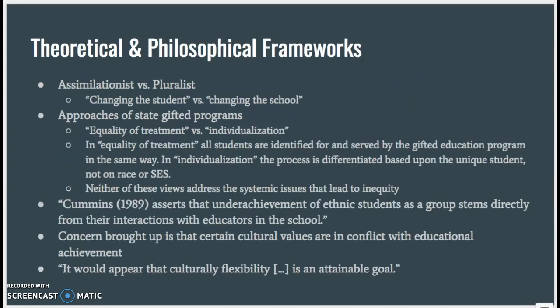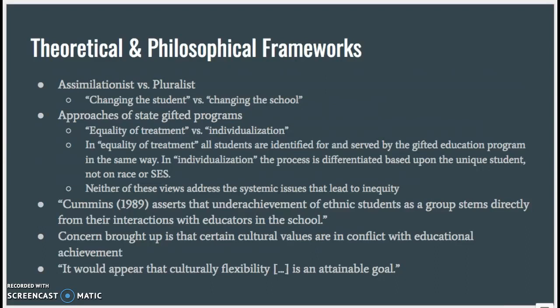The article then looked at theoretical and philosophical frameworks of approaching gifted education, and the main two philosophies are assimilationist versus pluralist. In the assimilationist perspective, students are encouraged to give up their cultures and adapt to mainstream culture in order to succeed. So this is seen as changing the student, having the student assimilate to mainstream society in order to be high achieving, while the pluralist perspective is seen as changing the school.